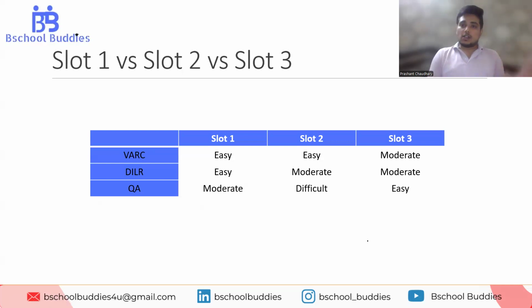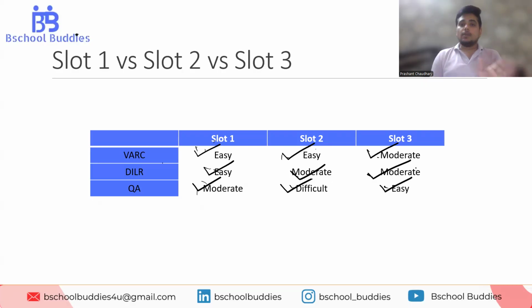So if I compare slot 1 versus slot 2 versus slot 3, this is not my personal opinion, but because of data, we need to say that slot 1 was easy for VARC, slot 2 was easy for VARC, and slot 3 was moderate. For DILR, slot 1 easy, slot 2 moderate, and slot 3 again moderate. Slot 1 for QA moderate, slot 2 difficult, and slot 3 easy.